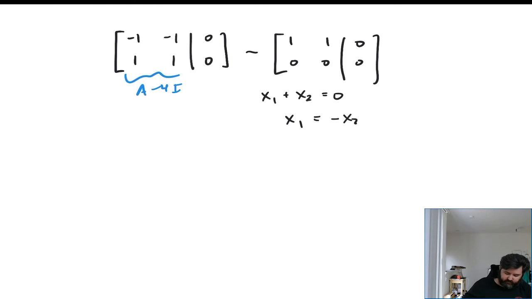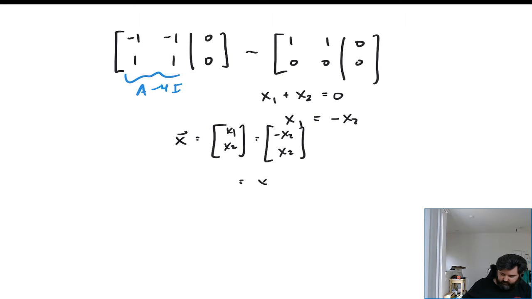That means our solutions look like x1, x2 equals -x2, x2, which is x2 times the vector negative 1, 1. So we got a one-dimensional null space, right? Because if you only have one free variable, your null space is one-dimensional.